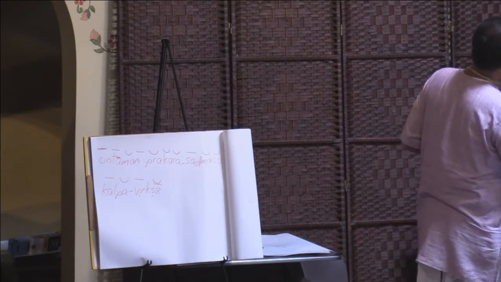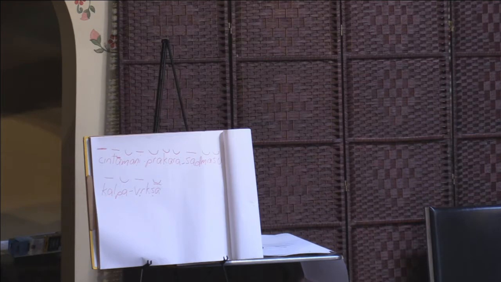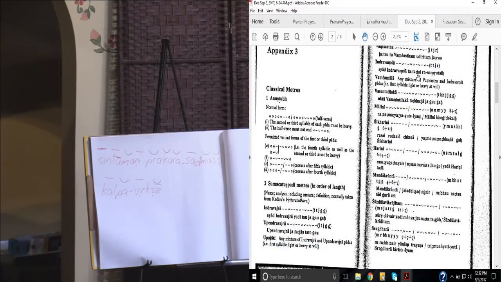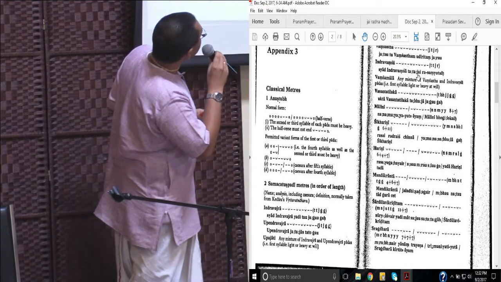So here you have the key metrical patterns. I know it's a little bit small. We'll expand it in just a second, but just to give you an overview, there's about 10 or so on this list of the main metrical patterns, and each one has a meter that's defined by a series of long, short syllables like that.